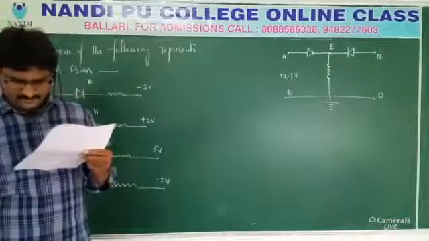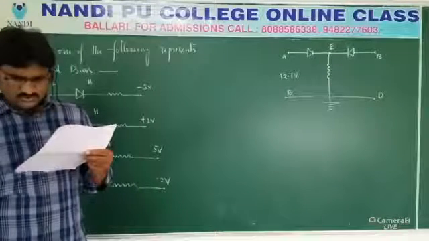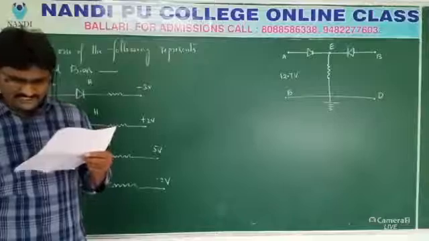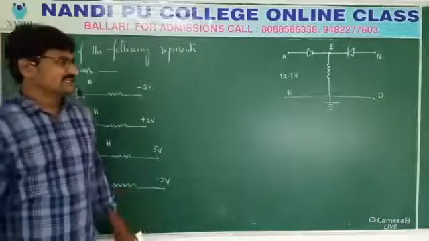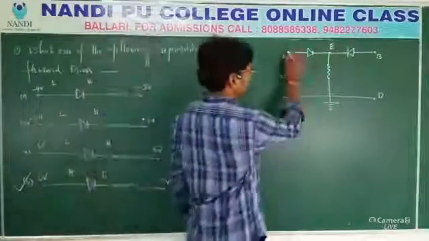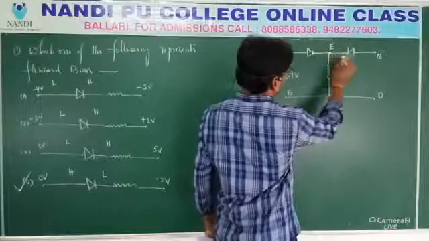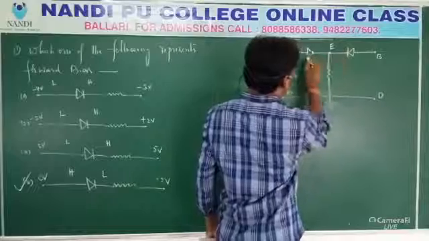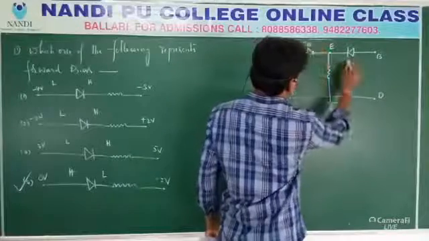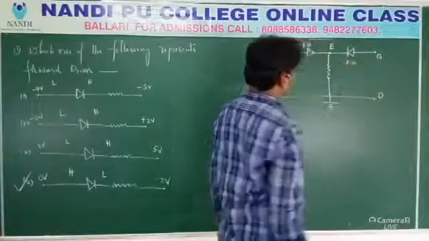So two diodes are there now, left diode and right diode. You can see the left diode: this is high potential to the positive terminal, this is low, so this is negative. So it is forward bias. The other is reverse bias.